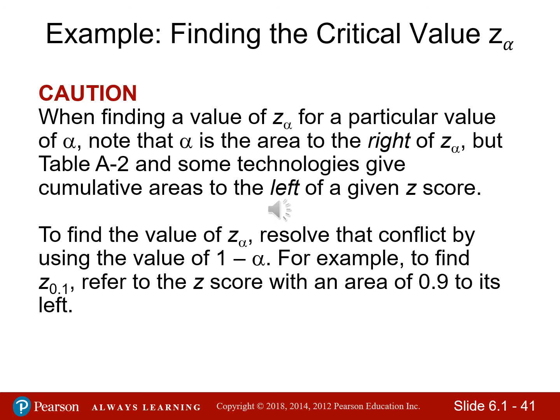To find the z value of z alpha, resolve that conflict by using the value of 1 minus alpha. For example, to find the value of z subscript 0.1, refer to the z-score that corresponds to the area of 0.9 to the left of that z-score.